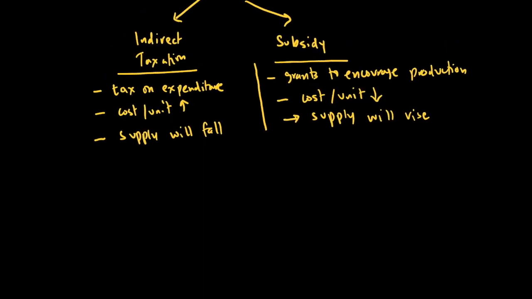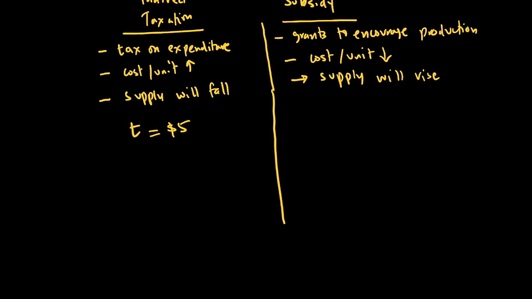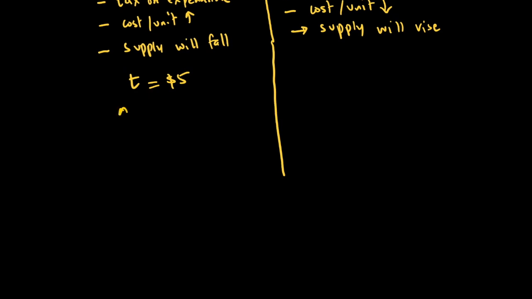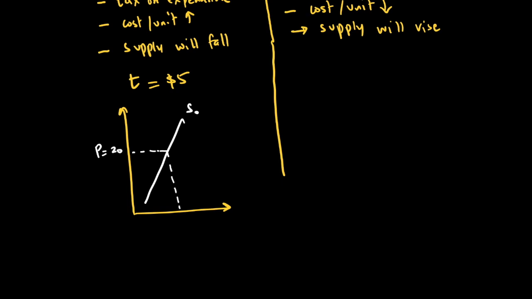So let's say the government decides to put a tax of $5. How is that shown in a diagram? Let's say this is my initial supply curve S0, and right now the price is, let's say, $20, and the quantity is, let's say, 100 units.